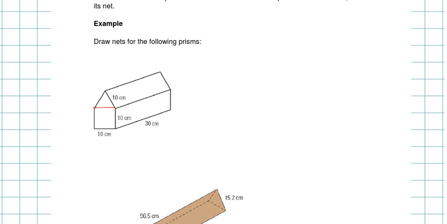So 1, 2, sorry, my shapes don't look anything like a rectangle. So bad.